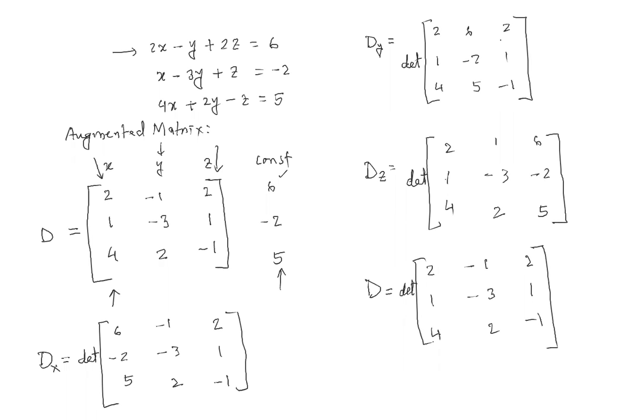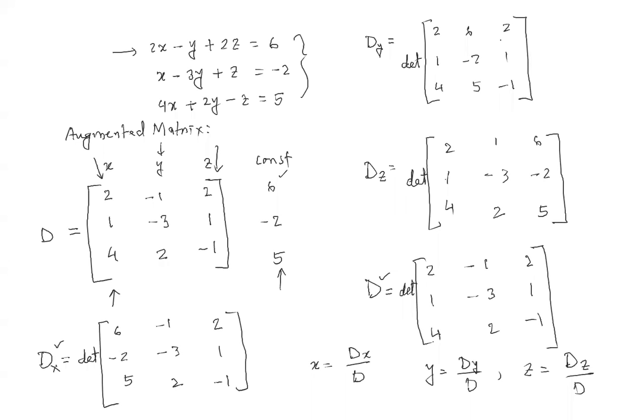You're just replacing columns with the constants. So your solution to this system of equations: x is going to be D sub x over D, y is going to be D sub y over D, and z is going to be D sub z over D, and that's how you find this.